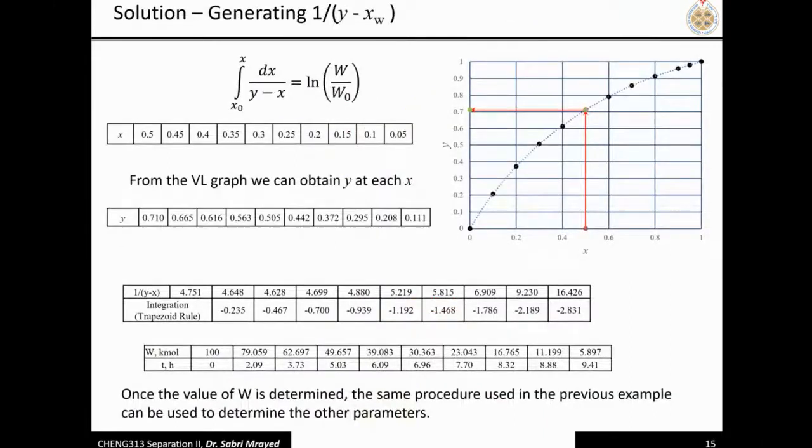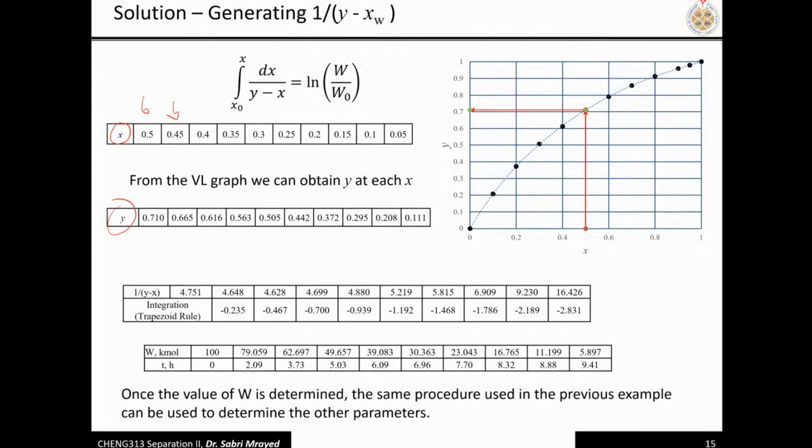So now what we're going to do, we will start with different x's, and as I said here, you can start with 0.45 from here, because at these values we know everything here. Okay. So now you're going to get y.